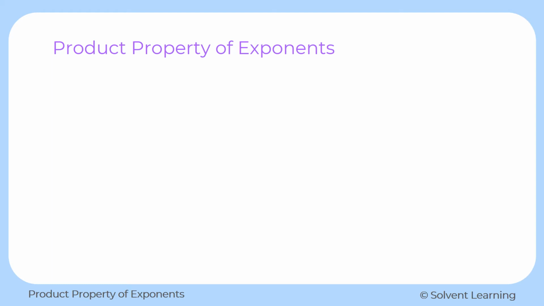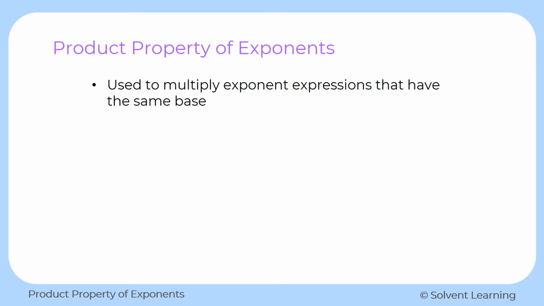So to put that together, here's the product property of exponents. It's used to multiply exponent expressions that have the same base, and that's very important. In our previous example, we could multiply them together because both expressions had x as their base.